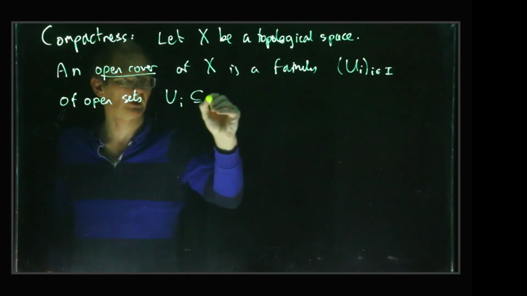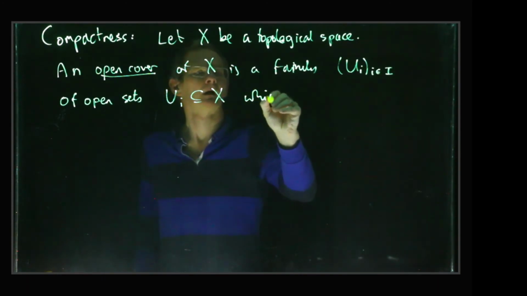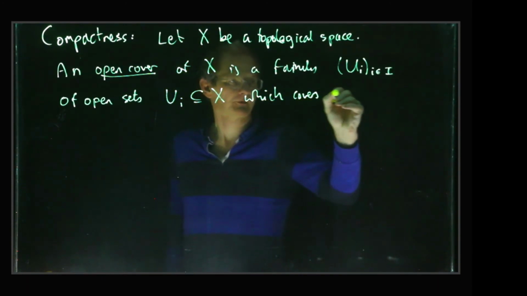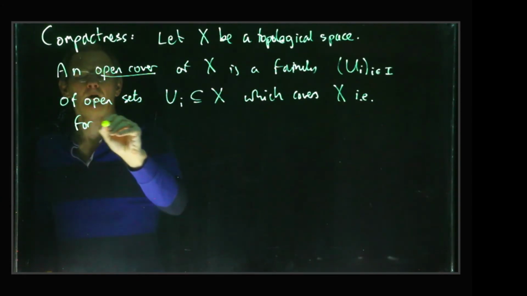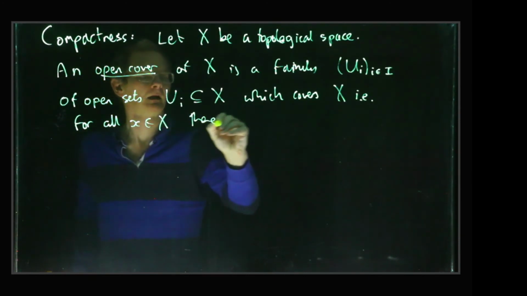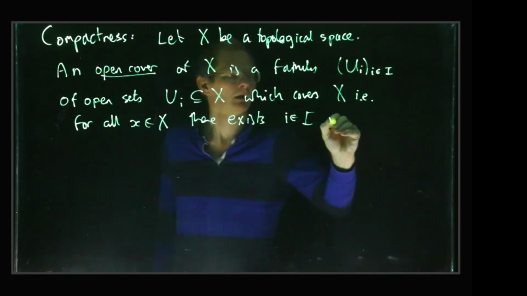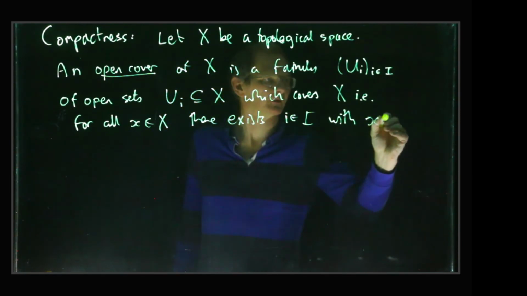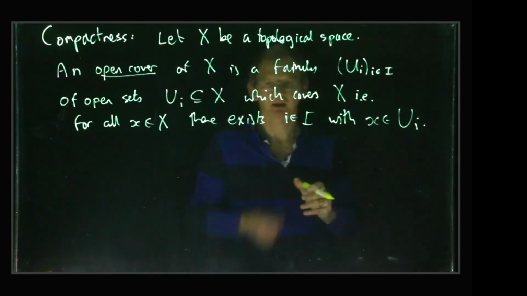So each U_i is supposed to be an open subset of X, and it has to cover X, i.e. for all x in X, there exists some index i with little x lying in the set U_i. So that's what we mean by an open covering.